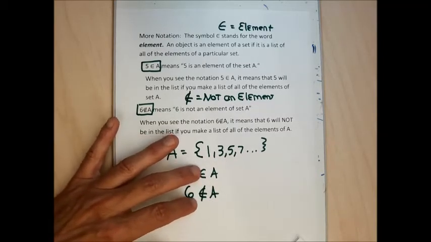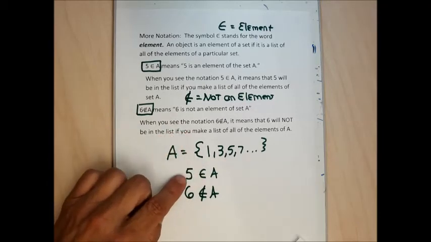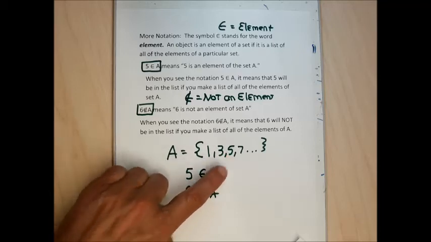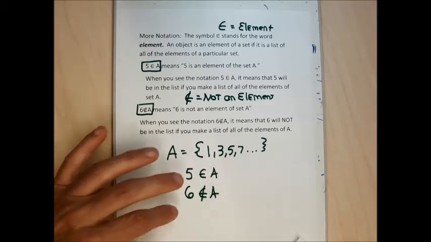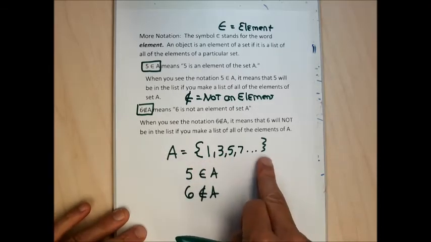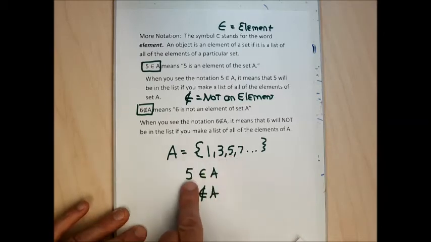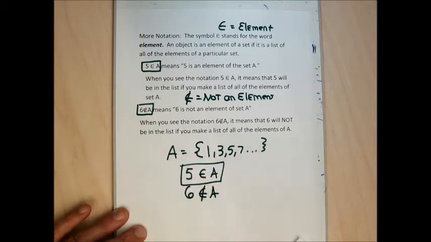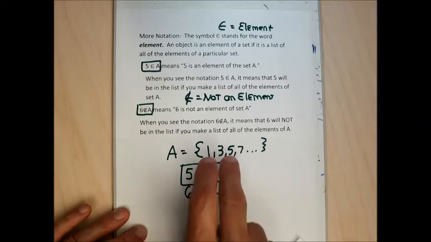So when I see this symbol, this means either the element is in the set or it's not in the set. And that's how we're going to use it properly. So if I see a set and a number or an element is in the set, we can use this statement to describe that that number is in the set, or we could use this to describe that that number is not in the set.